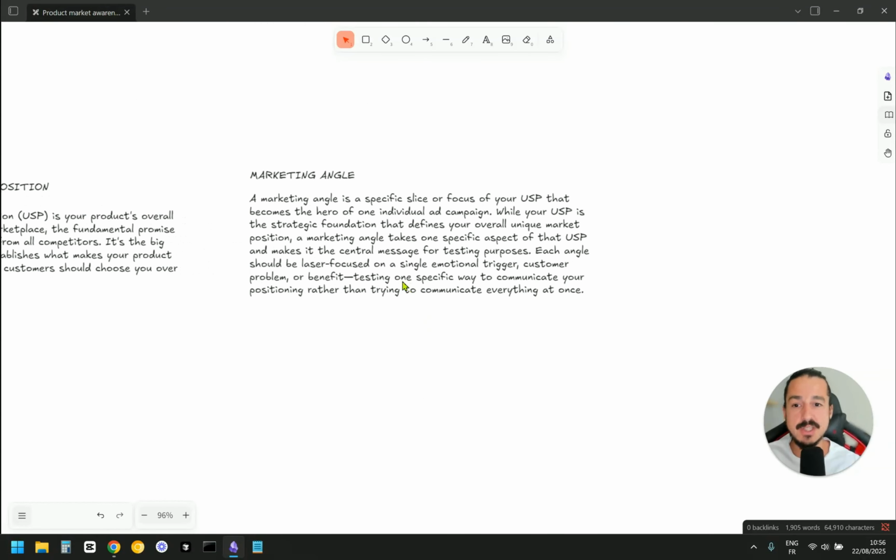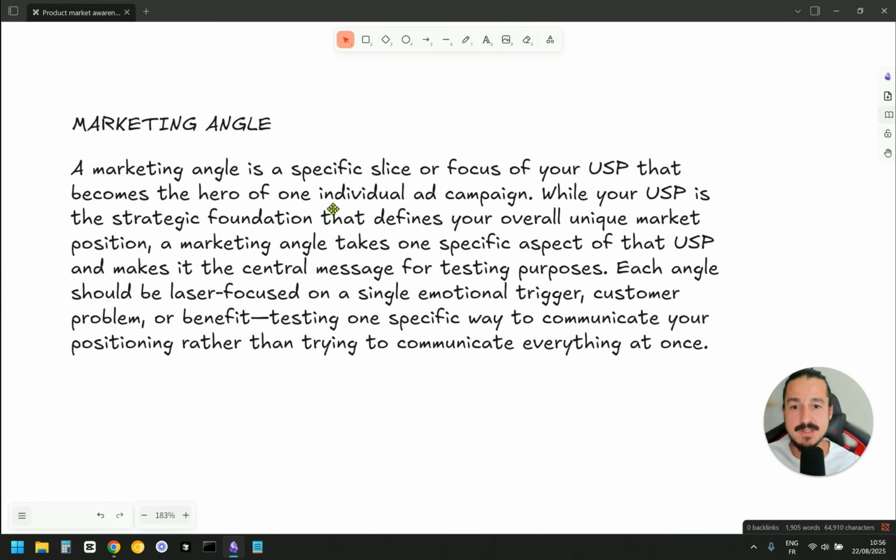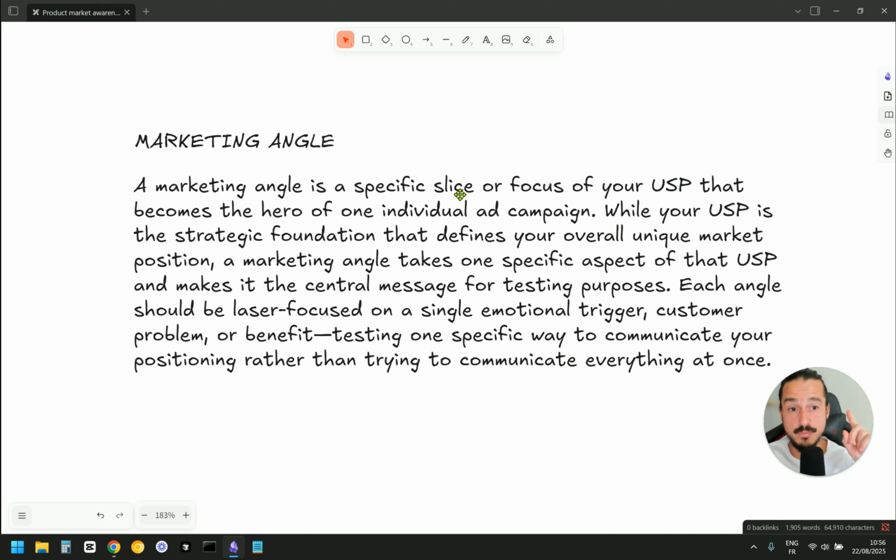And again, a quick definition of a marketing angle: it's a specific slice or focus of your USP that becomes the hero of one individual ad campaign, while your USP is the strategic foundation that defines your overall unique market position. A marketing angle takes one specific aspect of that USP and makes it the central message for testing purposes.